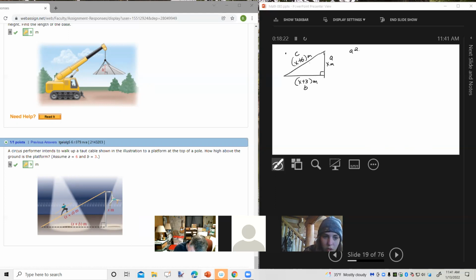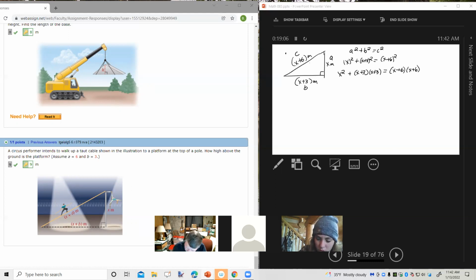So using the fact that a squared plus b squared equals c squared, and substituting the values in, we get x squared plus (x + 3) squared equals (x + 6) squared. So far, so good? So x squared is x squared. x plus 3, the quantity squared, is (x + 3)(x + 3). x plus 6, the quantity squared, is (x + 6)(x + 6).